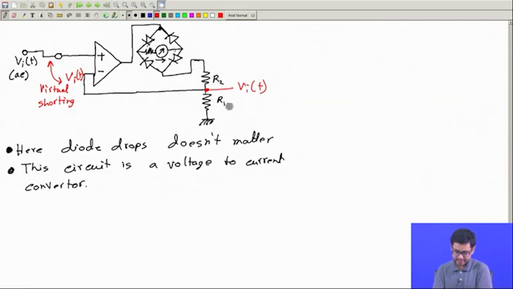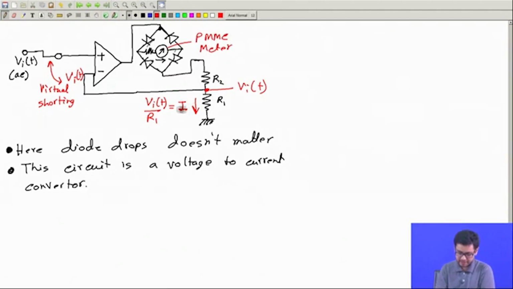If this is at Vi(t), then this current I can be written as Vi divided by R1, right? So this is this current, and the same current must flow through this, which means it will eventually flow through this meter, and definitely this is a PMMC meter.